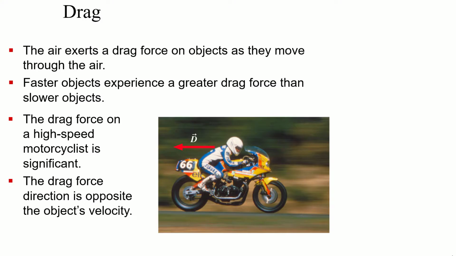Now, it can actually get really complicated with aerodynamics and the directions of the force. But for most objects moving at reasonable speeds through air, this drag force is usually pretty small unless you're going very fast or you're very large. So typically, and especially for this course, we're going to ignore drag and air resistance in our problems.